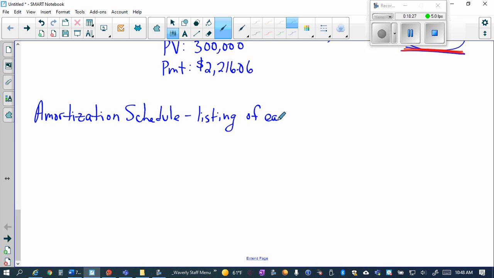Listing of each month's principal and interest portions and we'll call it a running loan balance.